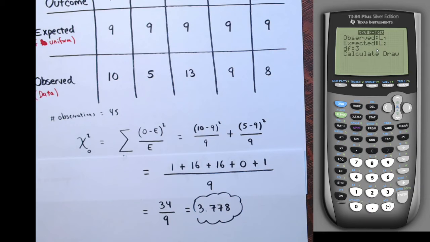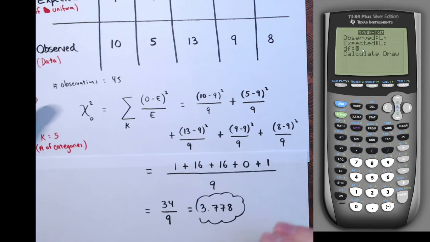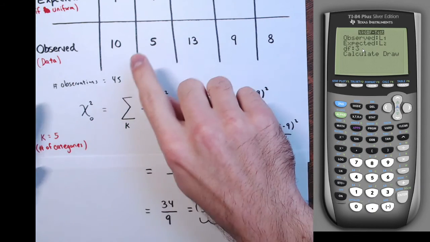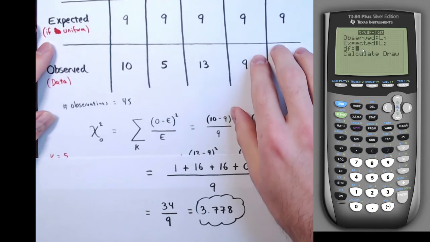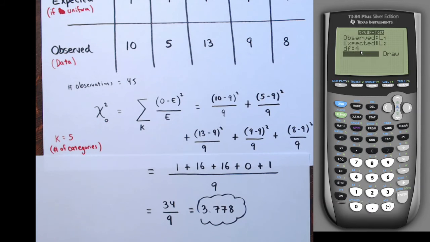But if you want the proper degrees of freedom for a goodness of fit test, you'll see this in my other video on running a goodness of fit test, completing all the steps. You take the number of categories, which is 5, take the value of k and subtract 1 for the degrees of freedom. So degrees of freedom will be 4 here. Again, it really won't matter if you're only looking for the test statistic.